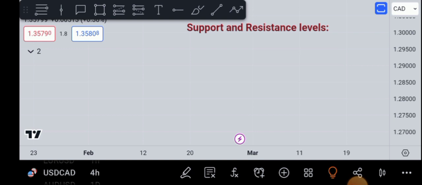So, in today's video, we're going to be talking about support and resistance levels. Let me define what support means in its true sense. Support literally means to help to keep something from falling. That gives the basic and simplest definition.